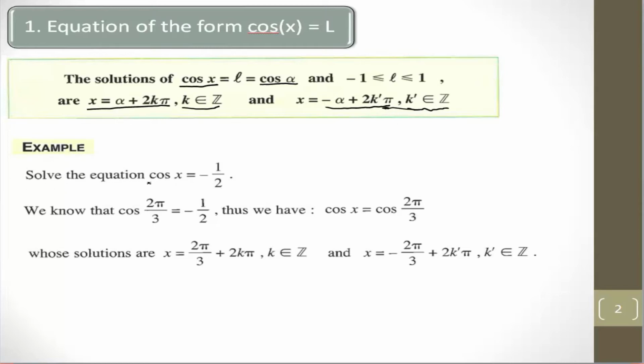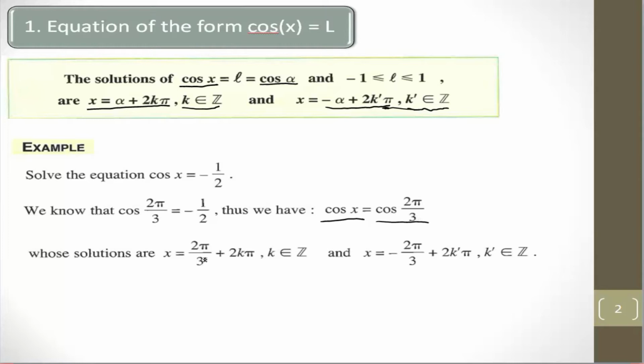Let's take an example. Solve the equation cosine x equals minus half. Here we have two ways to solve this equation. First one, we know that cosine 2 pi over 3 equals minus half. So we write cosine x equals cosine 2 pi over 3. It doesn't mean that x equals 2 pi over 3 only. It has two solutions.